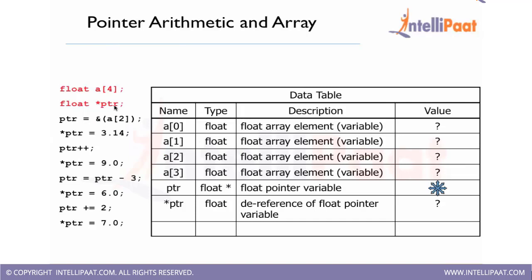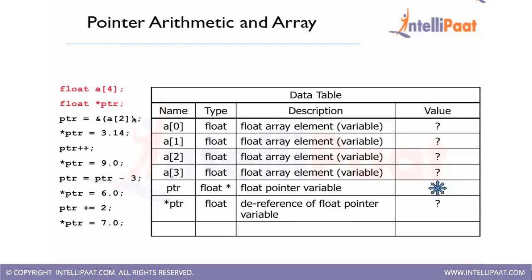So again, let's revisit an example. Let's suppose we have declared two variables: a float array a of 4, and a float pointer ptr.